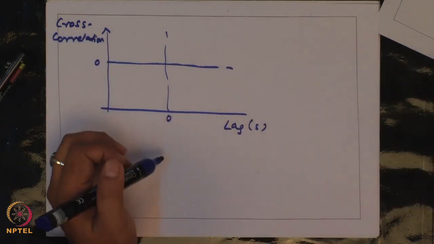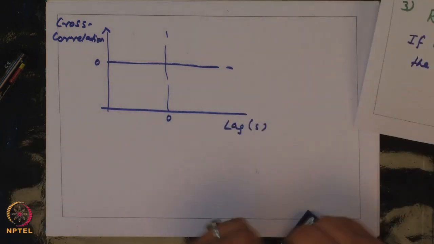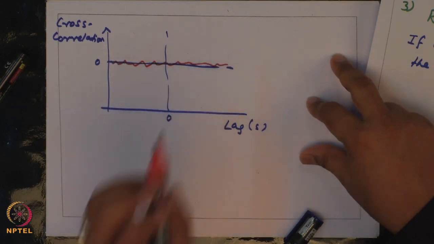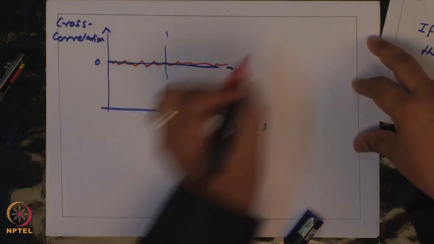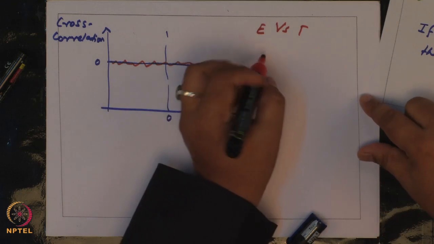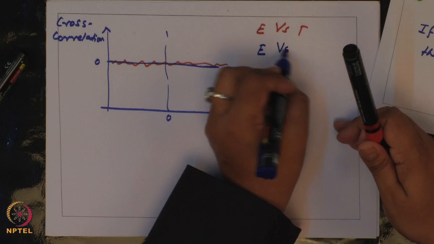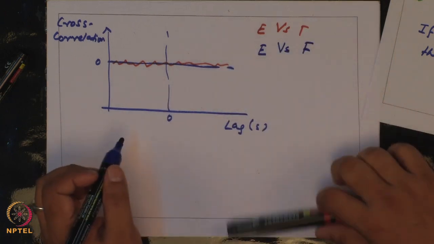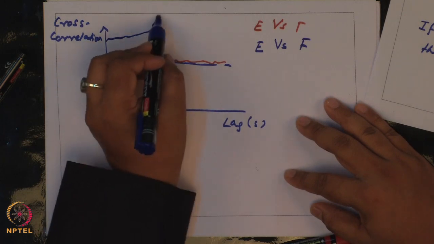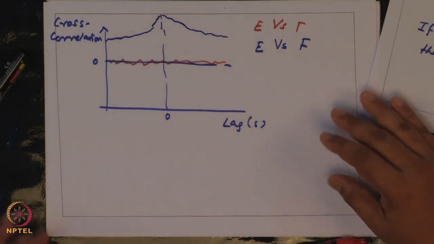What you have, your red, which is the edge displacement, there is no correlation between E versus T. But if you do the correlation between edge displacement versus flow, what you will observe is a curve. It is like this.